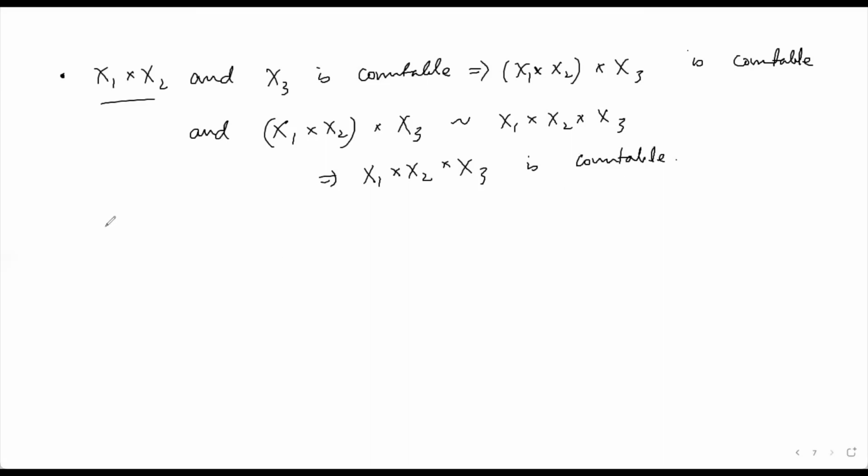So by induction, we conclude that X1 cross and so on cross Xn is countable for any natural number n.